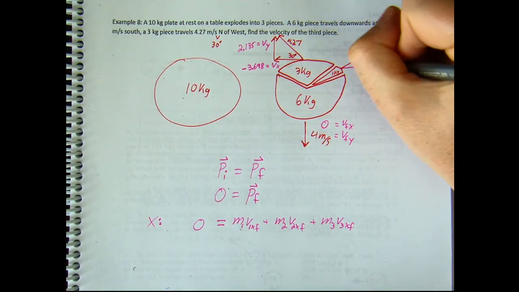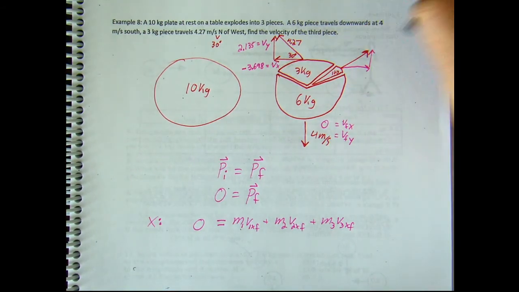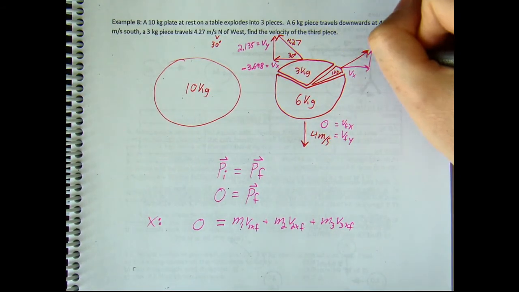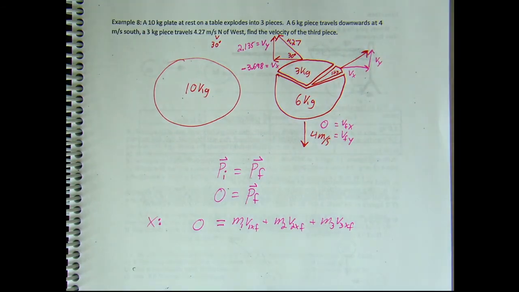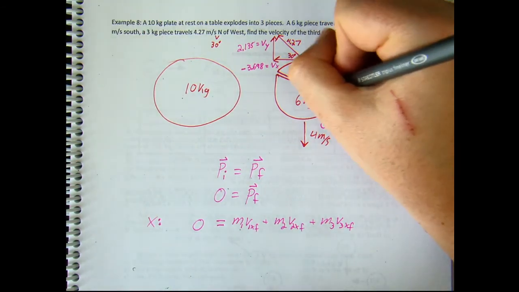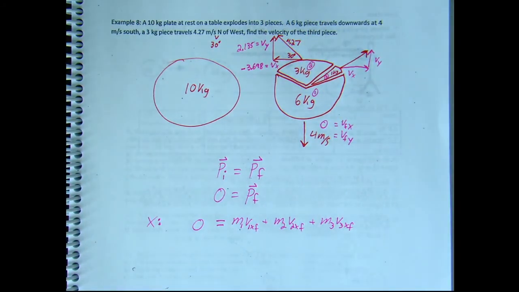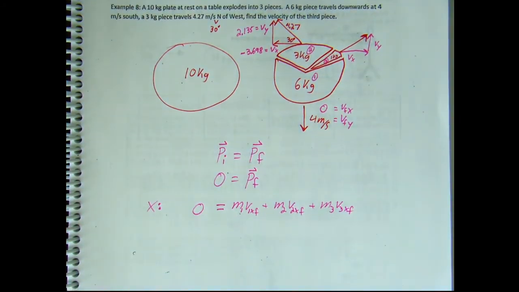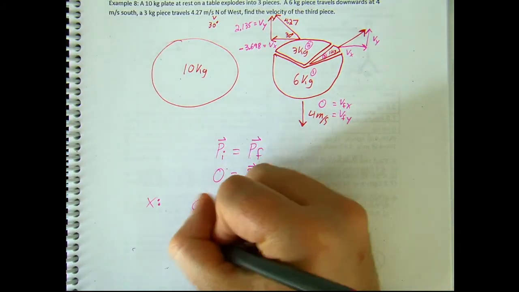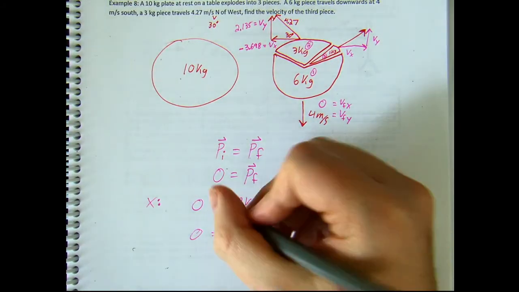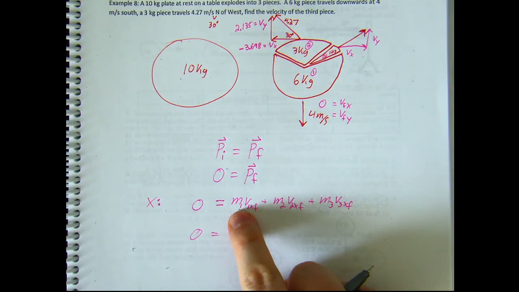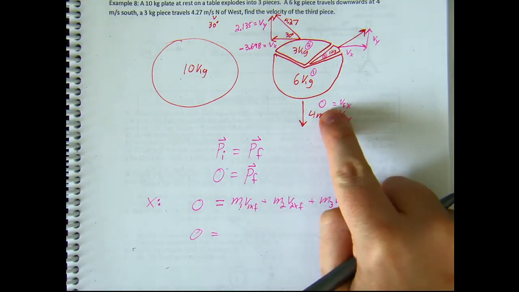This guy here is going to have an x and a y component, Vx and Vy, and that's what we're ultimately looking for here. I'm going to call this piece piece 1, this piece piece 2, and this little guy piece 3. So 0 is going to equal m1, which has no x component.